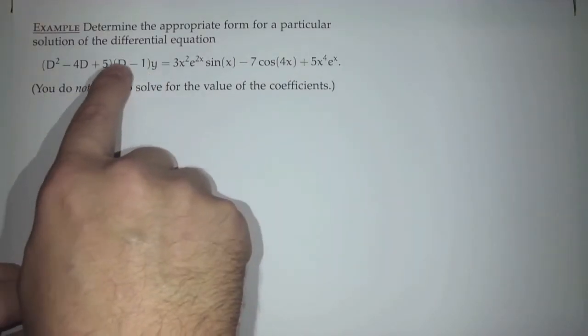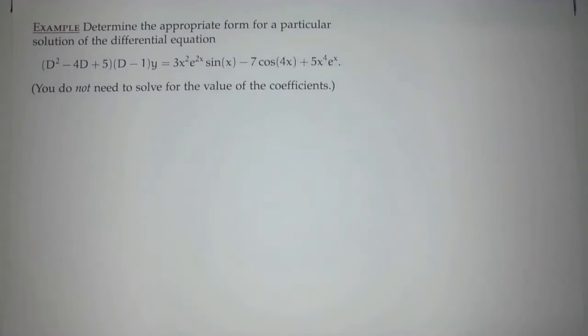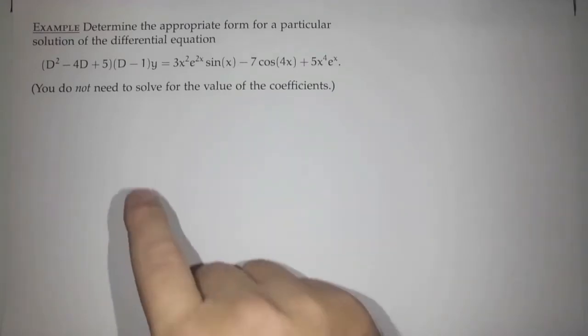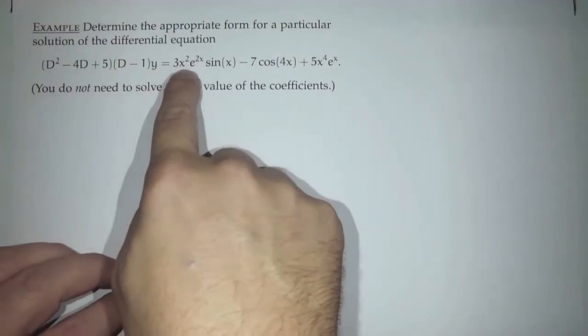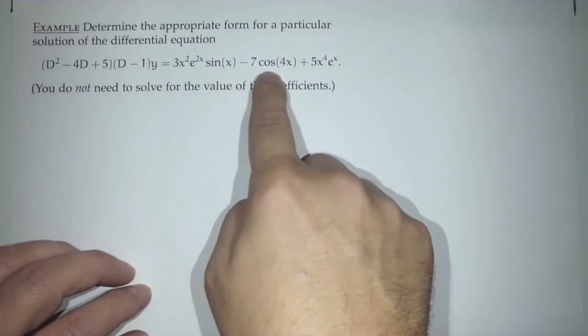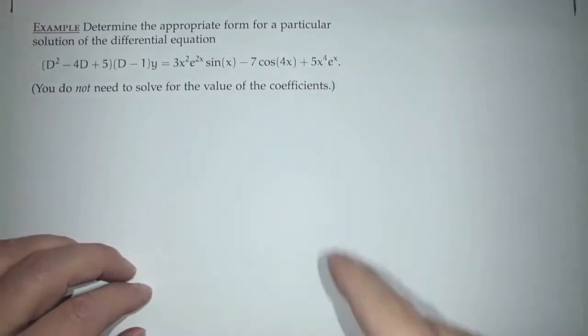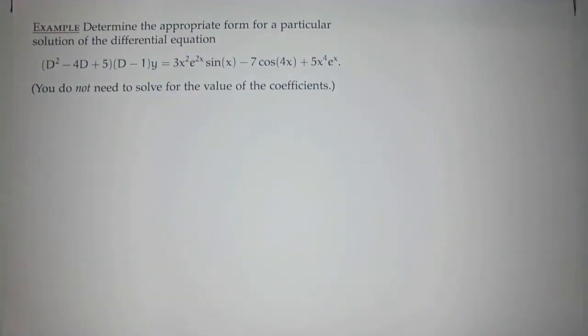Now remember, whenever you see a capital letter D, that's just shorthand for saying you take a derivative. That's the differential equation, equals 3x squared e to the 2x sine x minus 7 cosine 4x plus 5x to the 4th e to the x. Good news, you do not need to solve for the value of the coefficients. And we will see why that's good news in just a few moments.